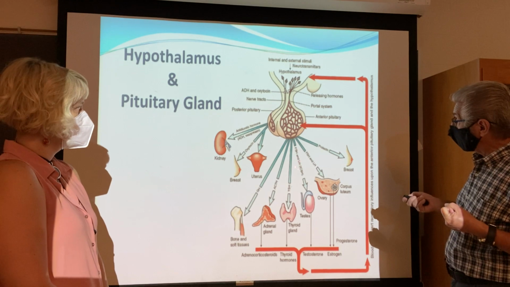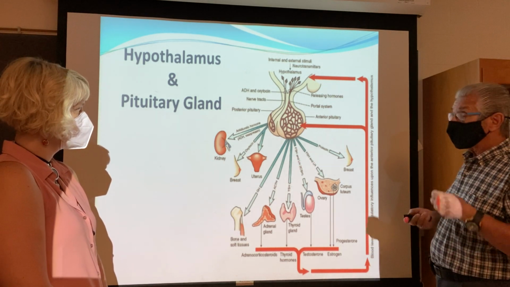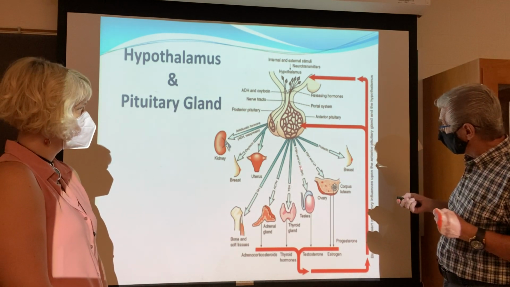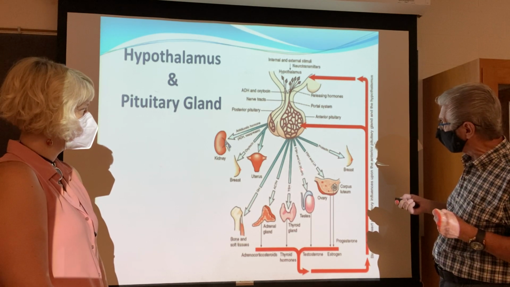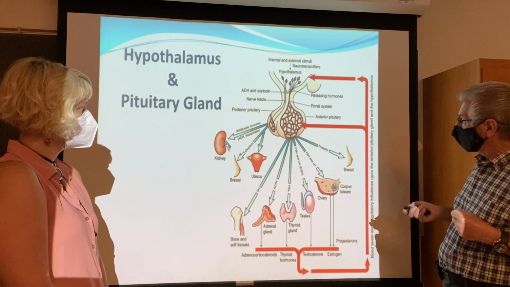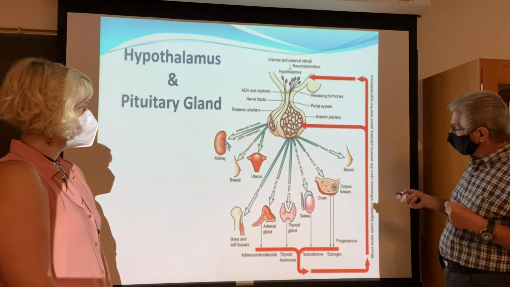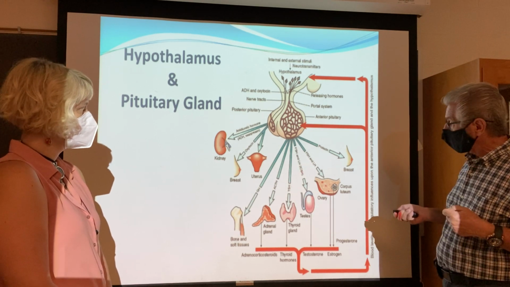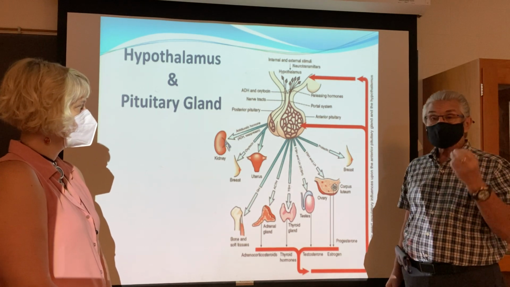LH is the hormone that causes the maturation, ultimately. And here you see an abbreviation, ICSH, interstitial cell stimulating hormone. What LH stimulates are those interstitial cells of Leydig that are going to secrete testosterone.